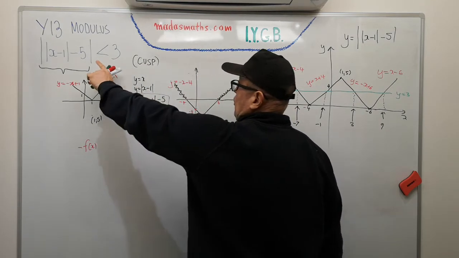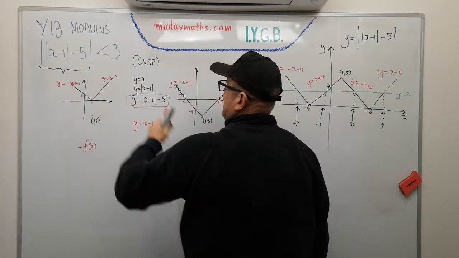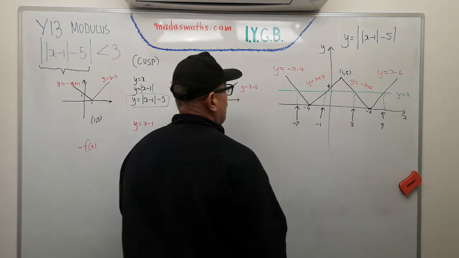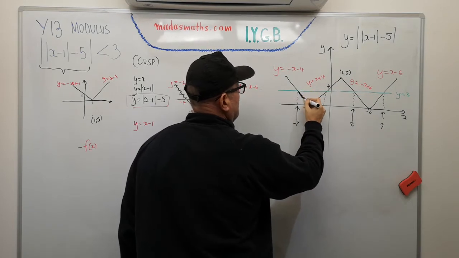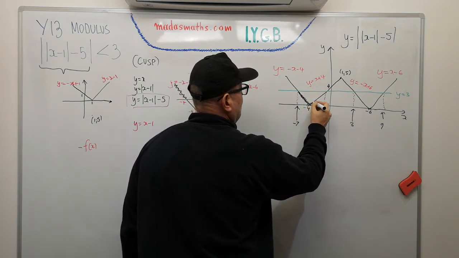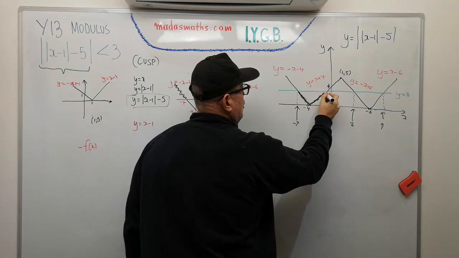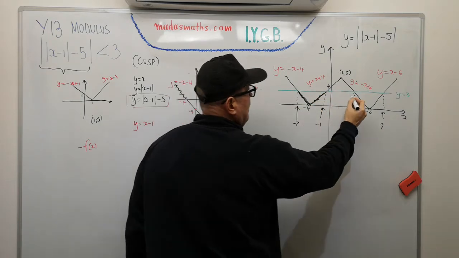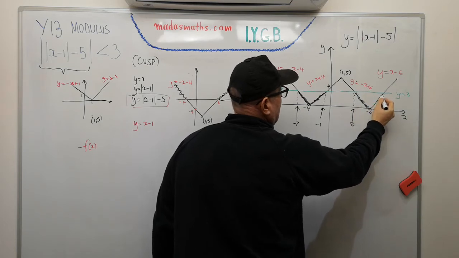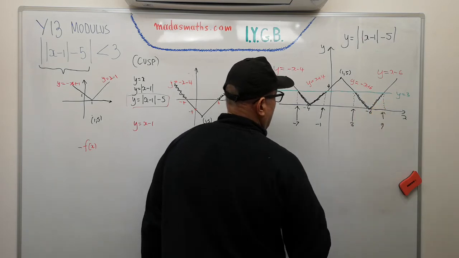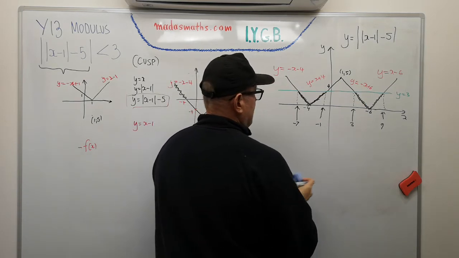I need to solve the inequality. My graph is less than 3, so I'm looking for this section here. I'm going to put it in thick black pen. So my graph is below the green line for this section here, and there's also another section on the other side. Of course I have the coordinates, and therefore I can now write my final answer.